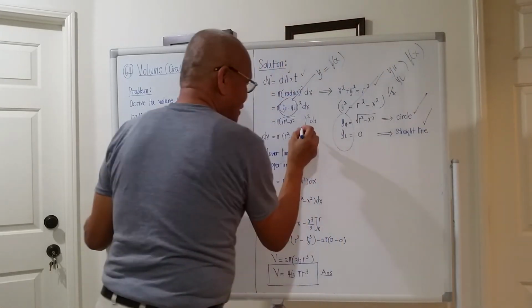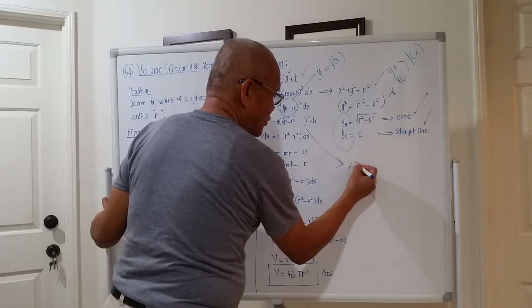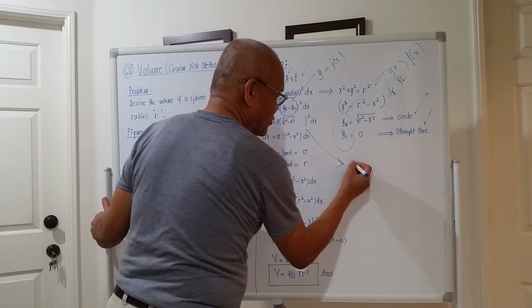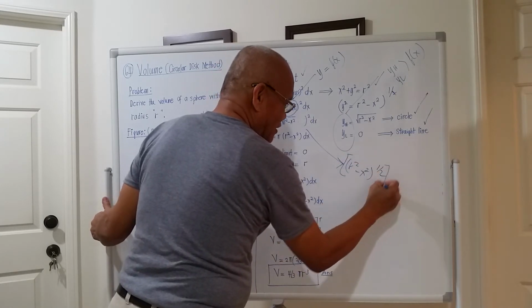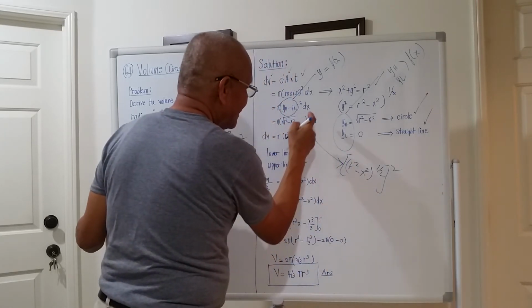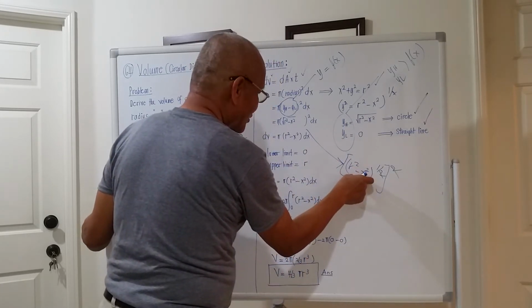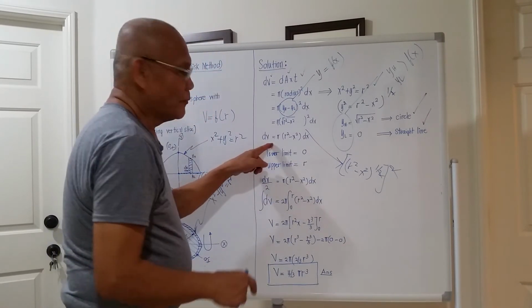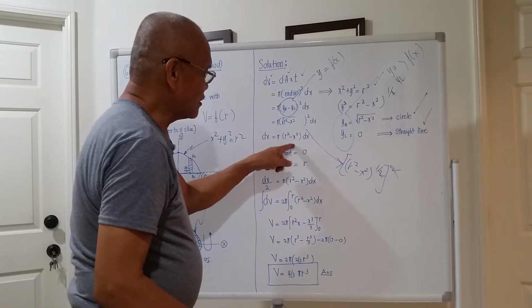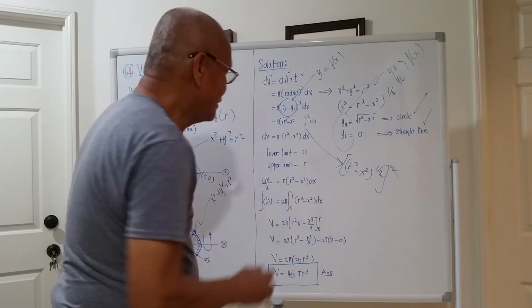I expedite a little bit. R square minus x square raised to the 1/2, raised again to the second power. So these two here cancel with this. So no more square root. So what comes out will be differential volume equal to pi times the quantity r square minus x square times dx. And we are now ready to integrate.